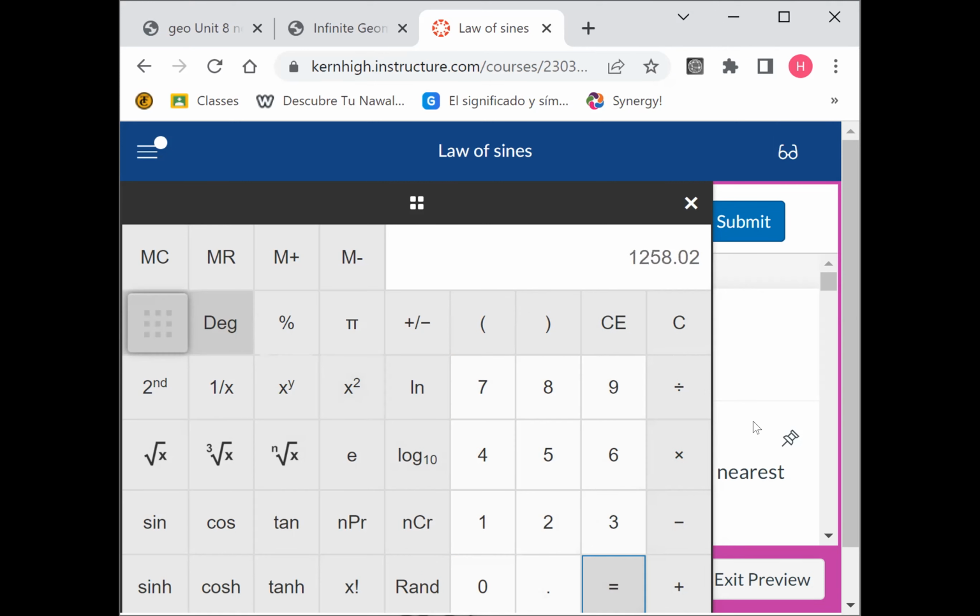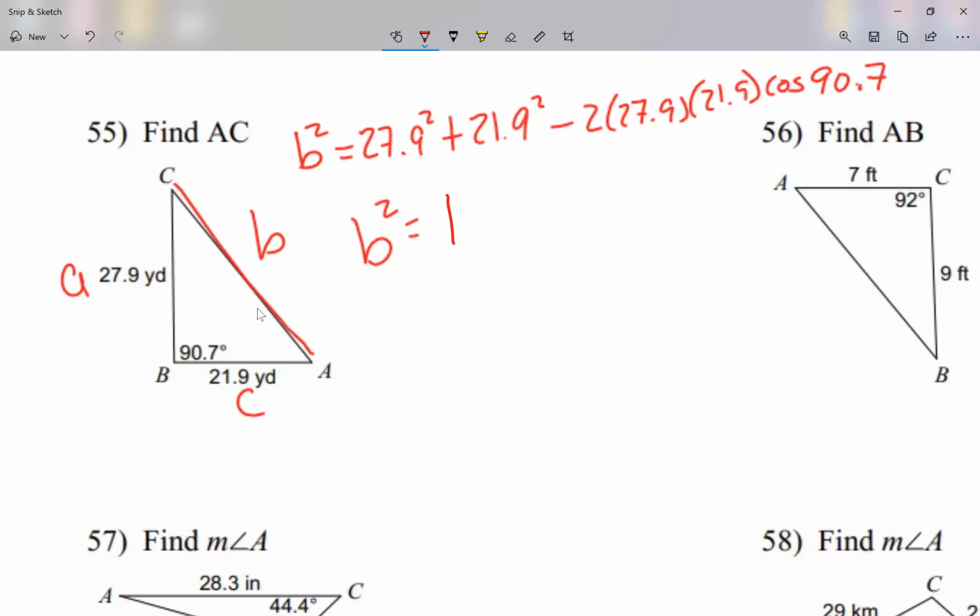Let me press equal, minus 2 times 27.9 times 21.9 times cosine of 90.7. Okay, 1,272 point, what was it? 94.94.